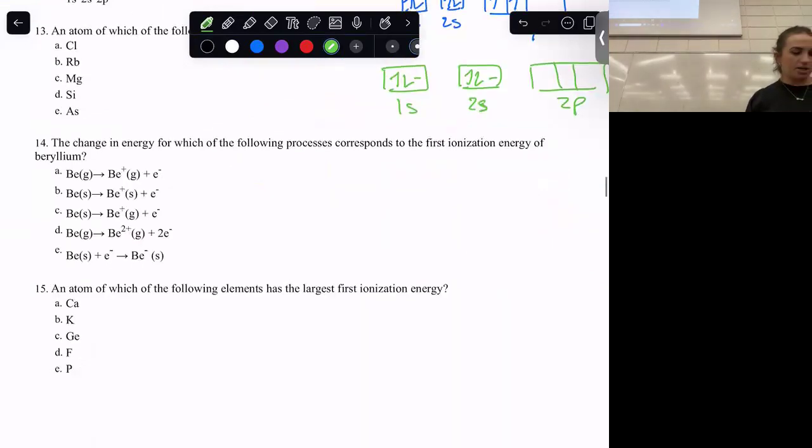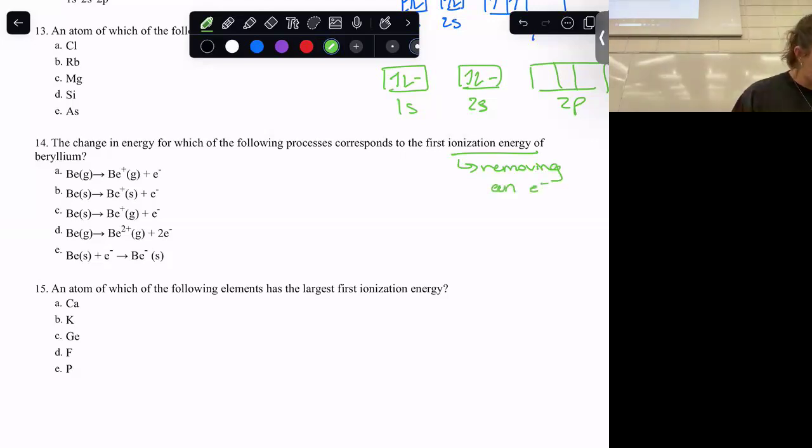For 14, we have the change in energy for which of the following processes corresponds to the first ionization energy of beryllium. So what does it mean to have an ionization energy? What are we doing? We're removing an electron. So is an electron going to be a reactant or a product in this case? It'll be a product, right?